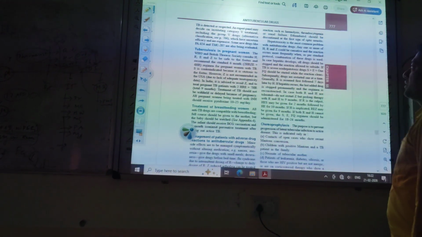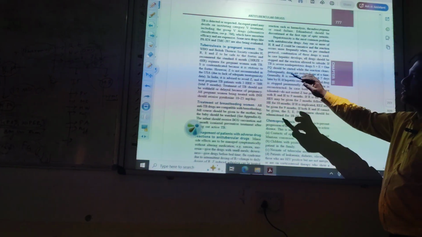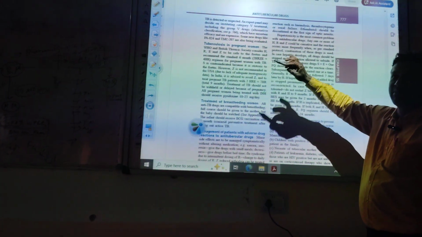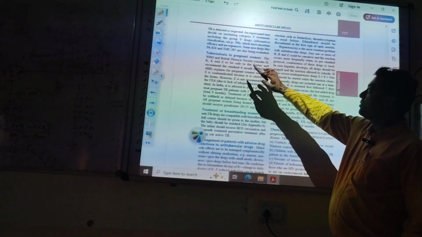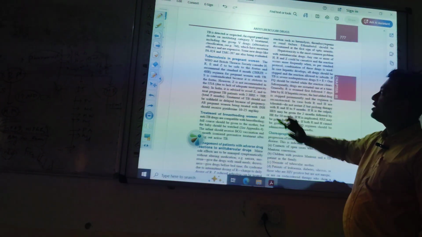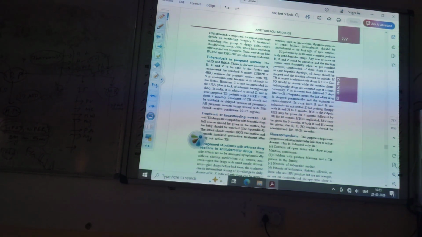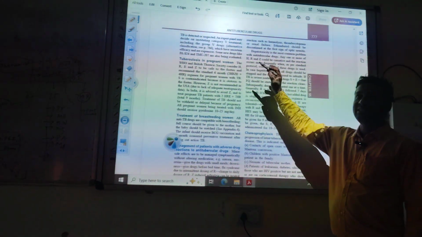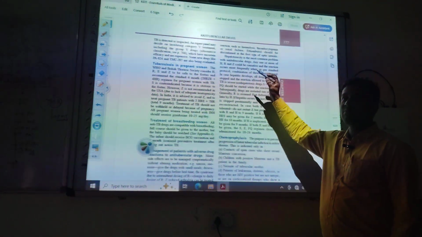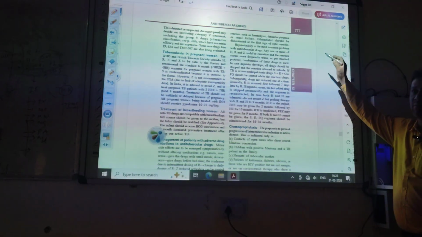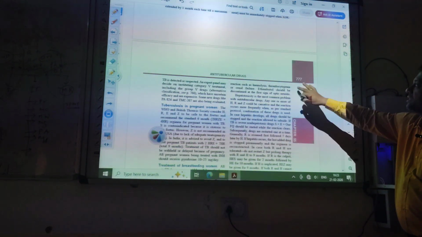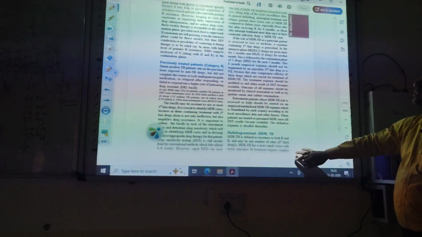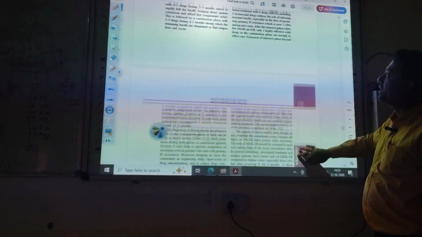The WHO and British guidelines say this is safe for the treatment of tuberculosis in pregnant women. In pregnant women, HREZ is safe for the fetus and the standard 6 month therapy is recommended. I have shown the table. This is the standard 6 month therapy for HREZ.